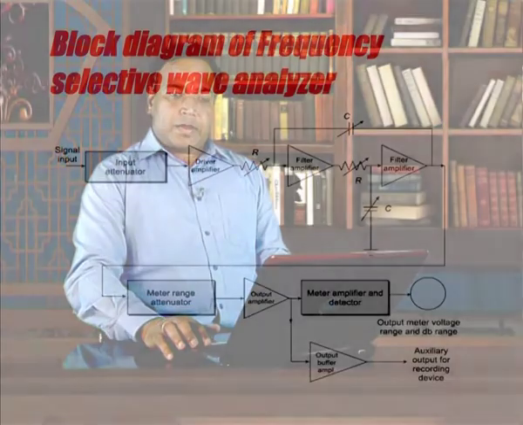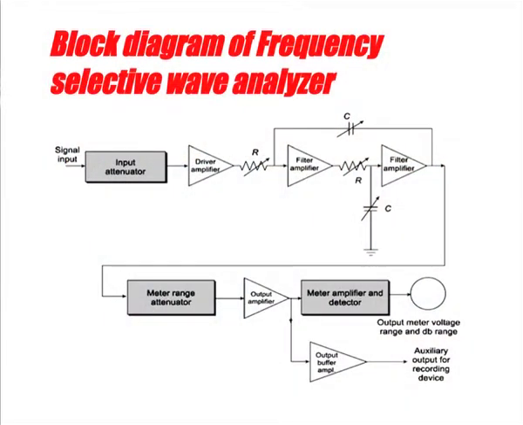The value of the frequency that will be filtered out or tuned by this frequency selective wave analyzer depends upon the value of RC. It is a second order filter based on operational amplifiers, and we will filter out one of the frequencies. This manually selected frequency is then fed to the meter range attenuator and the output amplifier.